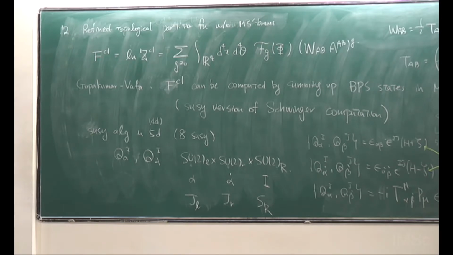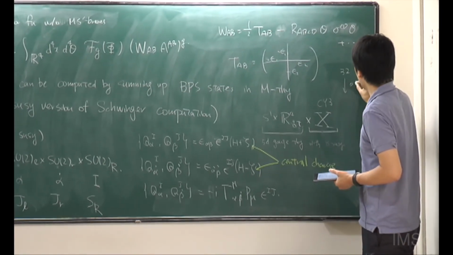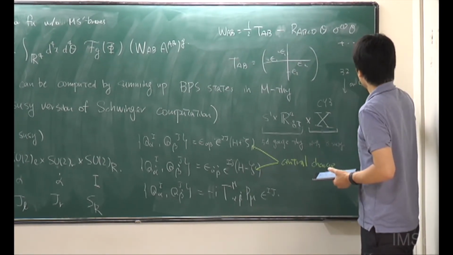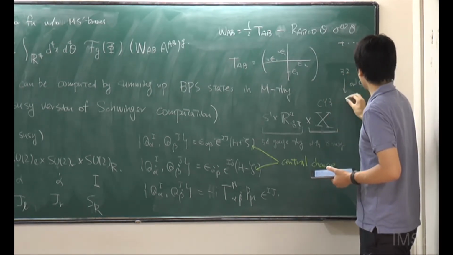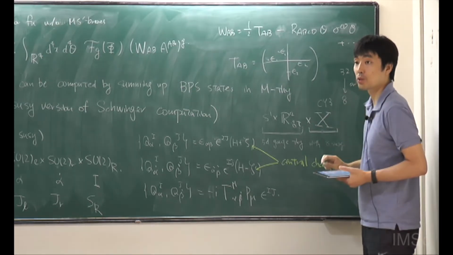Without the Omega background, if you start with M-theory and compactify on S1 to type IIA, you have a total of 32 supercharges. But if you put it on the Calabi-Yau 3-fold, it breaks a quarter, so it produces 8 supercharges.